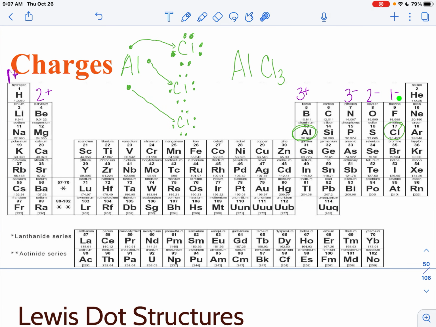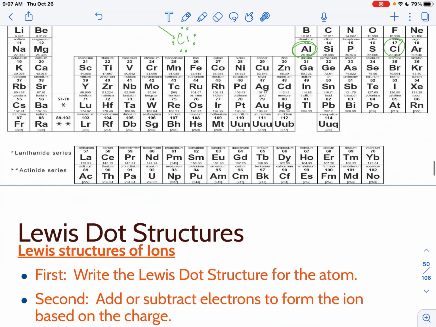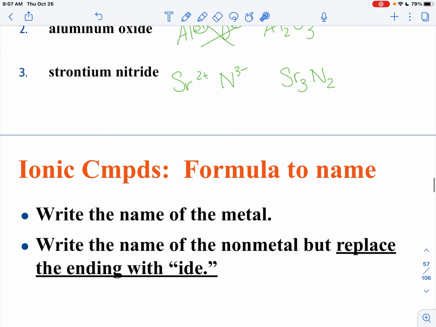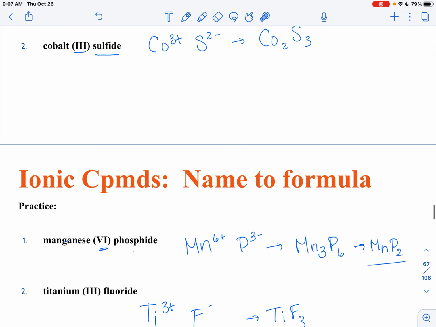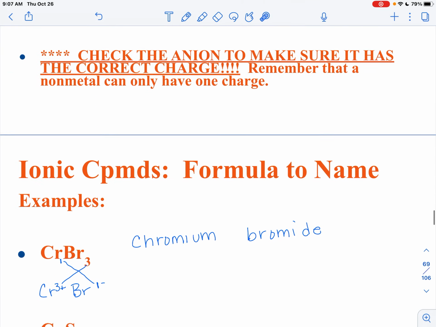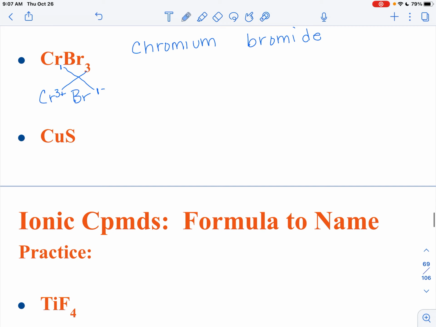Bromine has a 1 minus charge. Great, we have to do nothing. Our anion checks out. So all we have to do is take the charge on the metal and make it the Roman numeral.